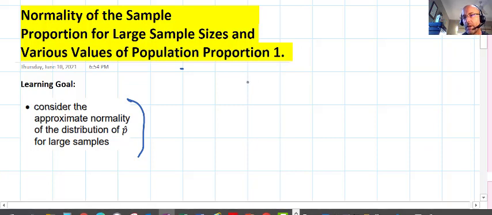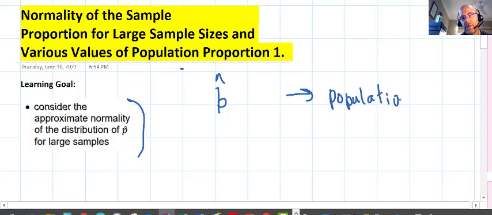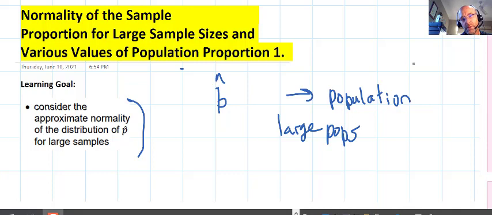So we understand that we rely on samples and hence sample statistics like p hat, for example, to tell us things about the population. We use samples and statistics from samples to tell us things about the population, especially for large populations, where a full census is impossible or impractical.